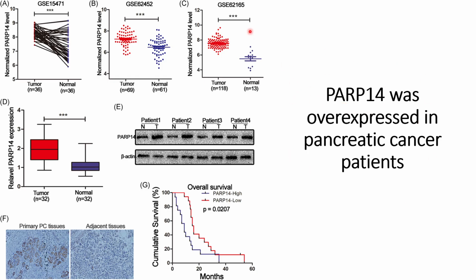So that is the reason they started the analysis from the publicly available pancreatic cancer data, thereafter qPCR and Western blot, and immunostaining of the pancreatic cancer slides and adjacent slides, and the overall survival of the patients and its relationship with PARP-14. If you need to understand more about these experiments in detail, you can go through the reference that has been provided in the description.